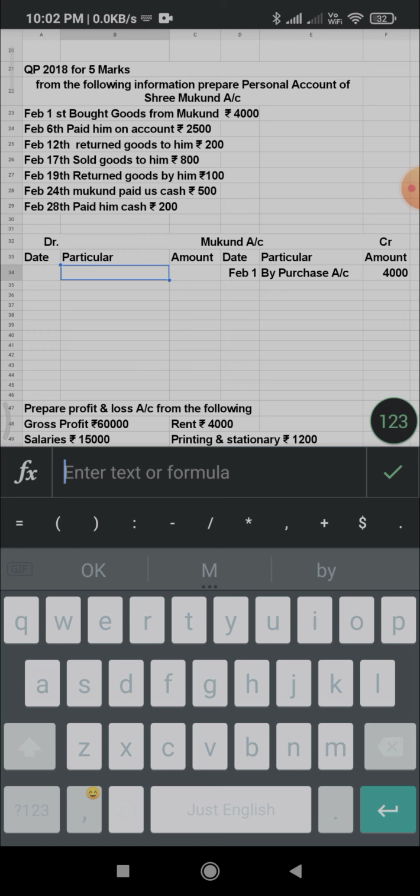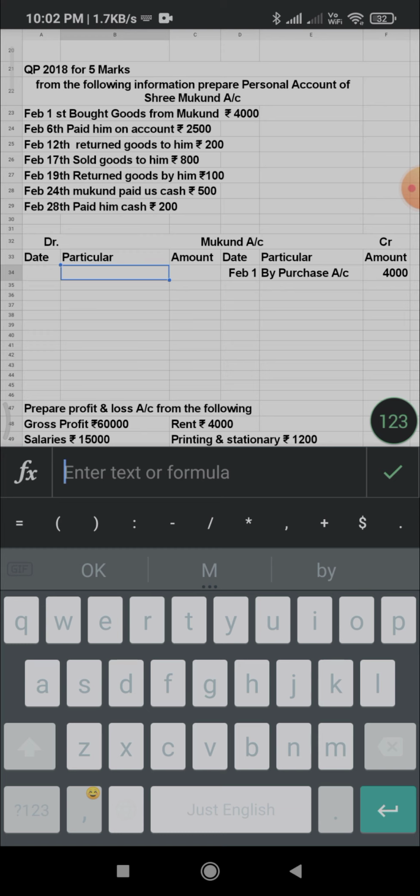Next, Mukund account comes under personal account. Is Mukund the receiver or the giver? Here Mukund is the receiver. So Mukund account debit, cash account credit. On the debit side of the Mukund account we should write "to cash account".